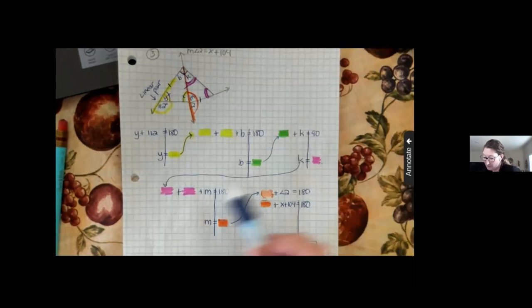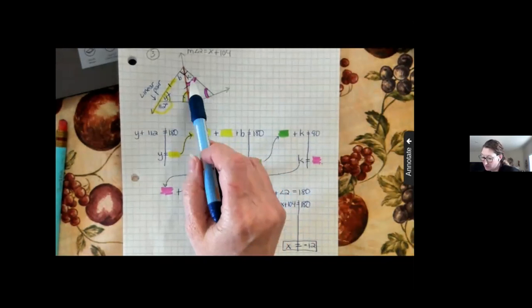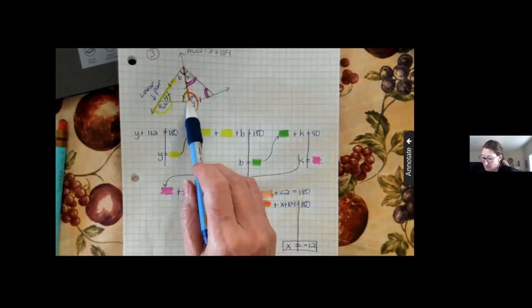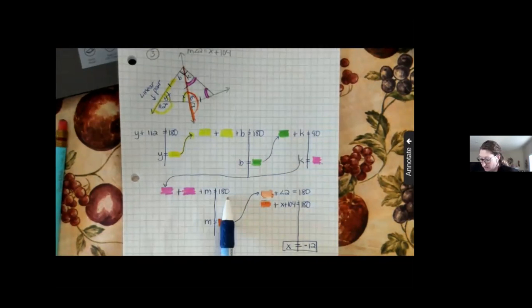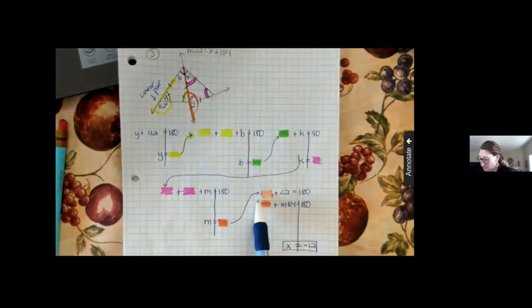Then I take k over here because k is a base angle of an isosceles triangle, which means there's two of those. So if I take the value of k plus the value of k again, plus m, which is the angle I don't know of that isosceles, I know they all equal 180. I then find the value of m. I know it's part of another linear pair with angle 2, and a linear pair equals 180. So if I take the answer to m plus angle 2 to get 180, I can then fill in what I know for angle 2, which is x plus 104, and solve for x.